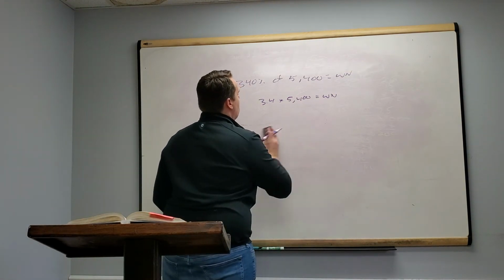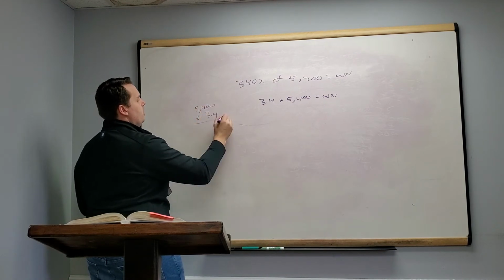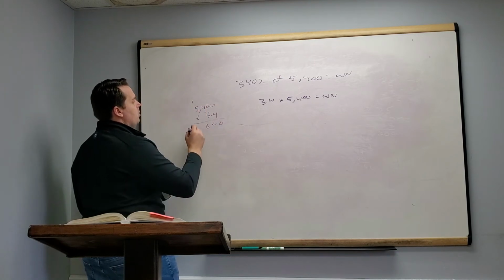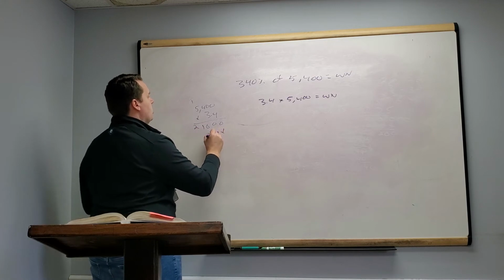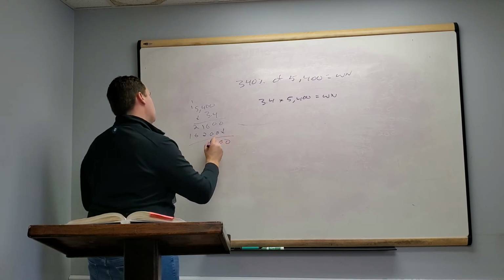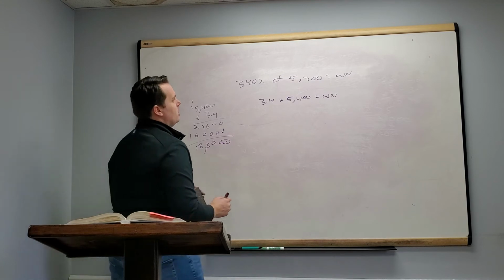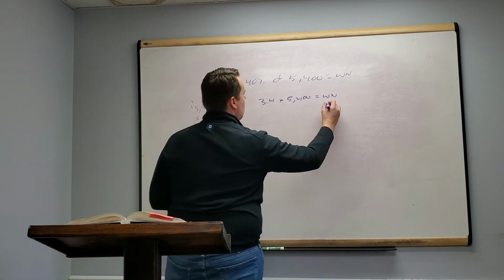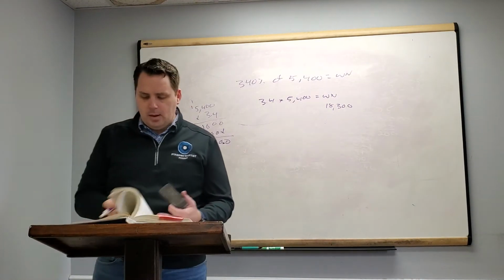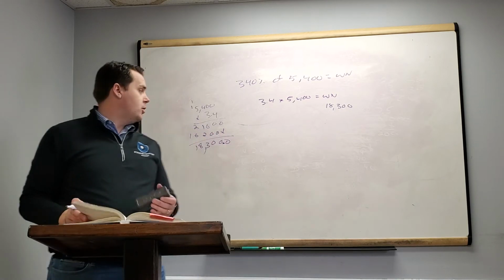Okay, so now it is 3.4 times 5,400. 4 times 5 is 20, plus 1 is 21. So I've got 18,300. Let's see if that number's right before we draw a diagram. 84A, 18,300.